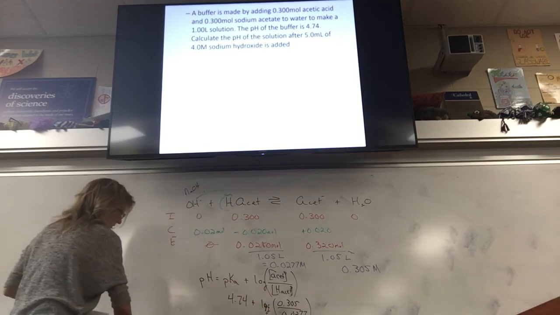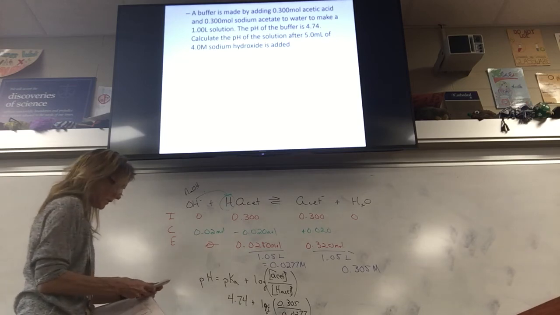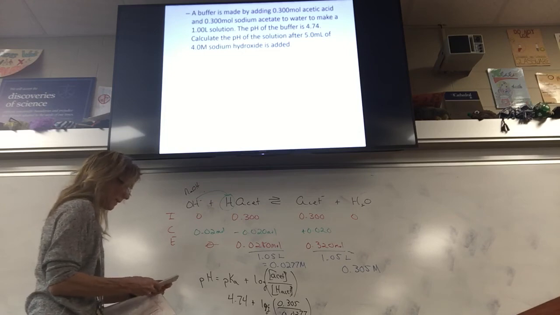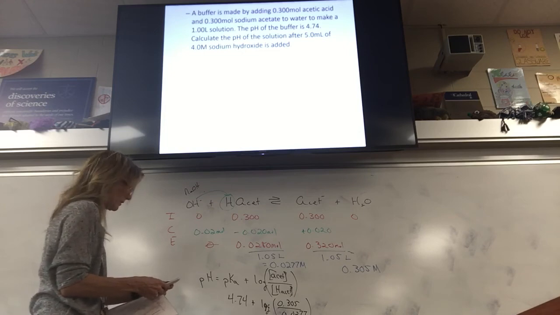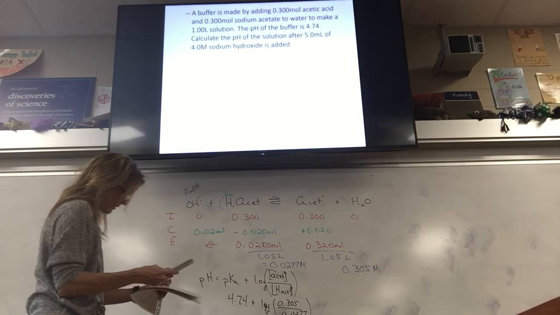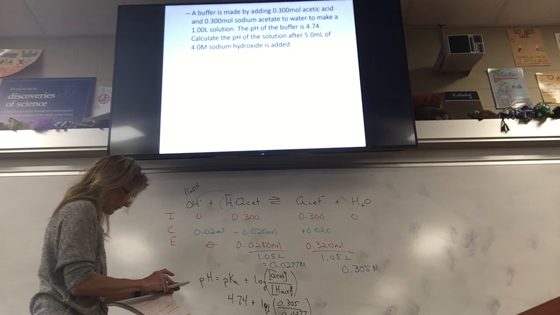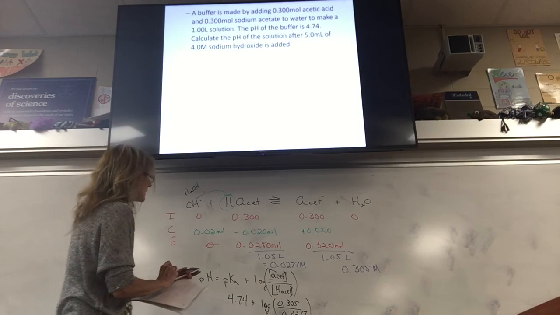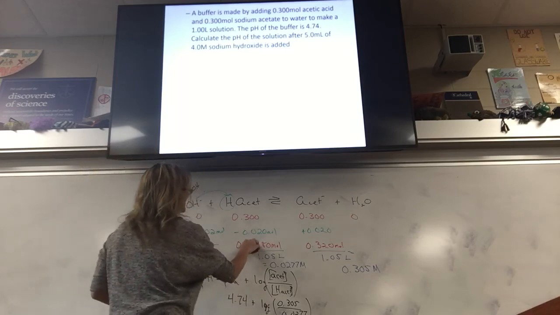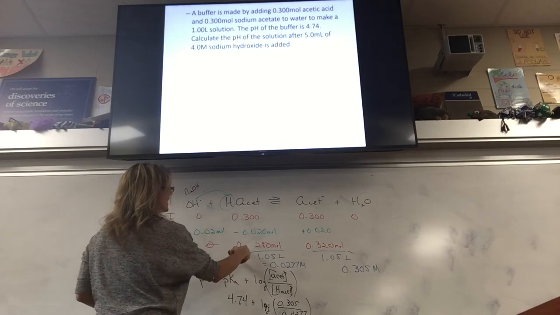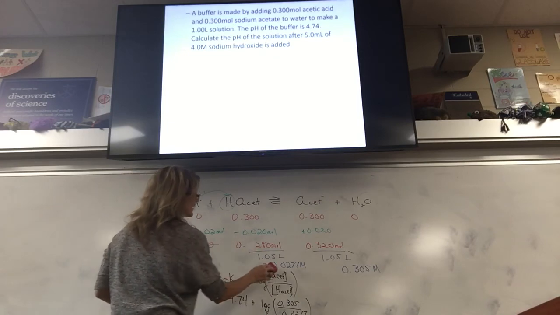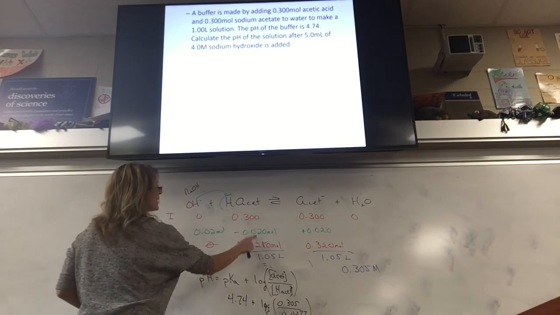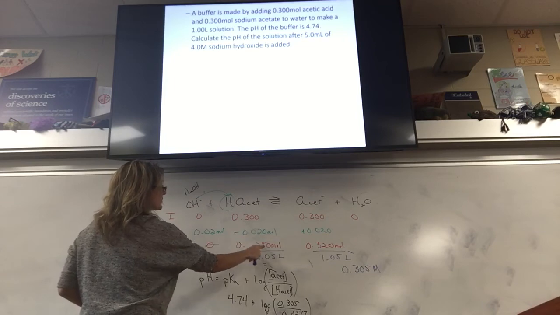So let's see what that is. I had an extra 0 in here. I was going to say that didn't seem right. Okay, let's try that again. So it should be 0.30 minus 0.02 is 0.280.